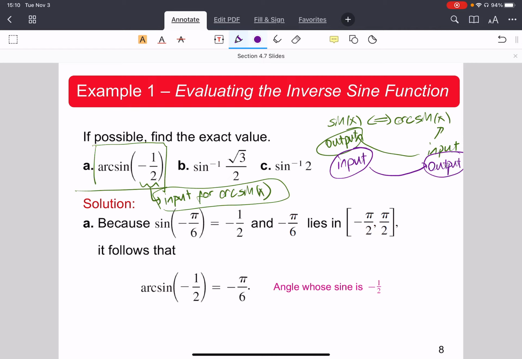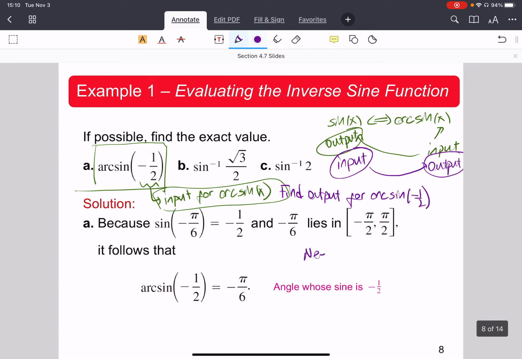So I know that relationship exists. What we're interested in is finding the output for arc sine -1/2. So we need to find the output.